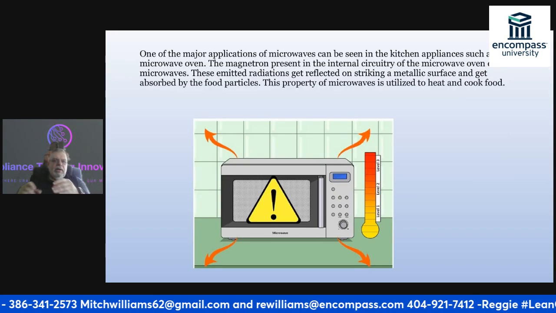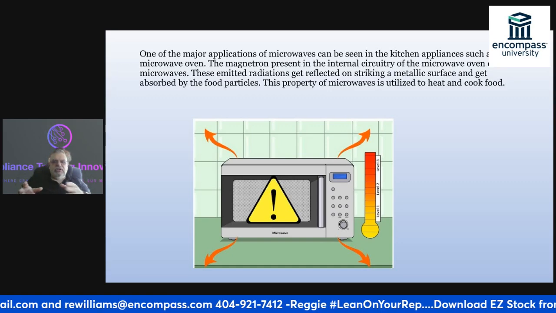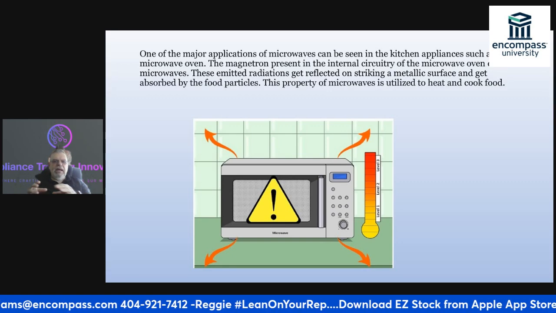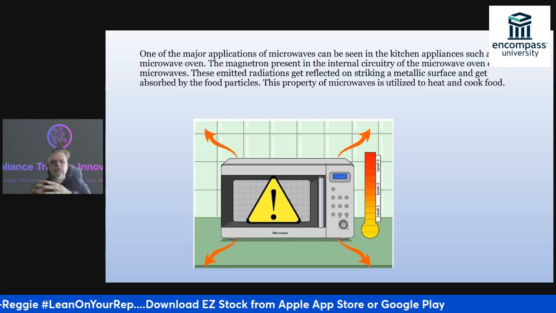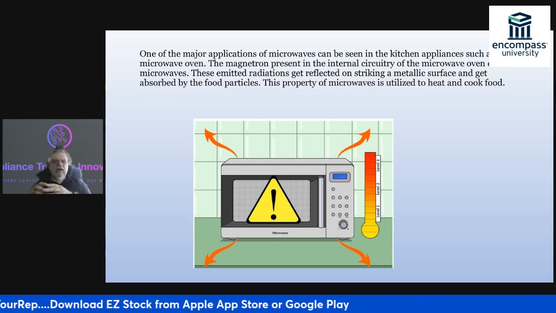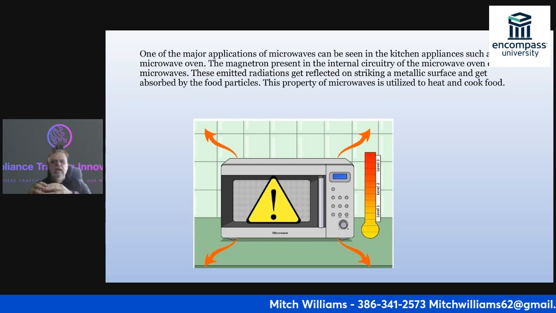One of the major applications of microwaves can be seen in kitchen appliances, such as a microwave oven. The magnetron present in the internal circuitry of the microwave oven is the source of the microwaves. These emitted radiations get reflected on striking a metallic surface and get absorbed by food particles.